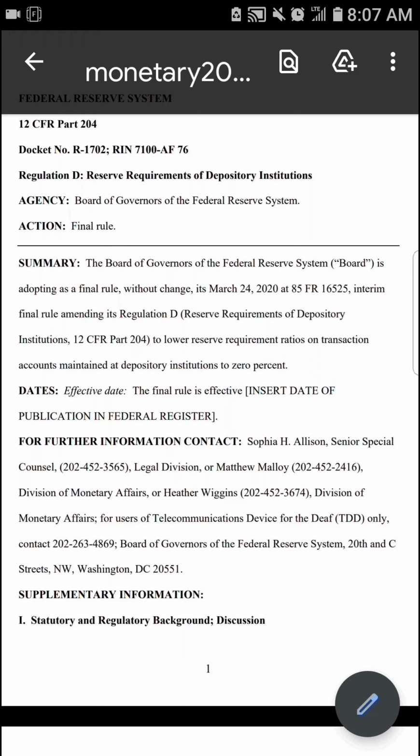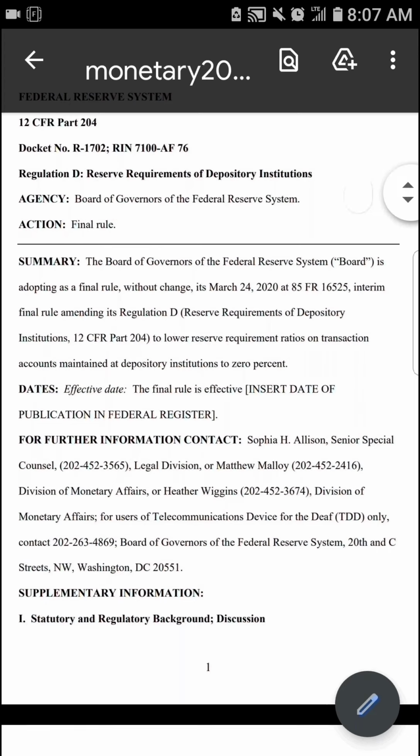Did you hear that? To lower reserve requirement ratios on transaction accounts maintained at depository institutions to 0%.